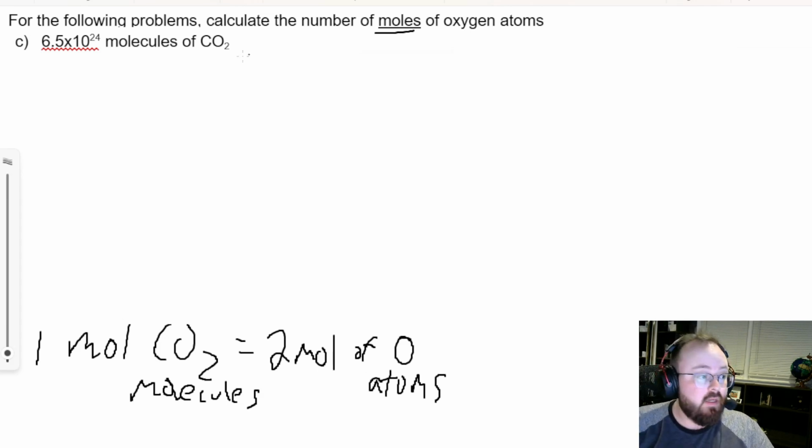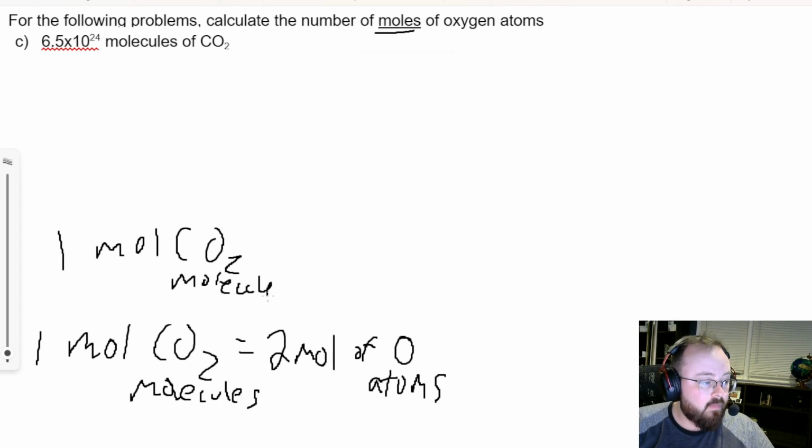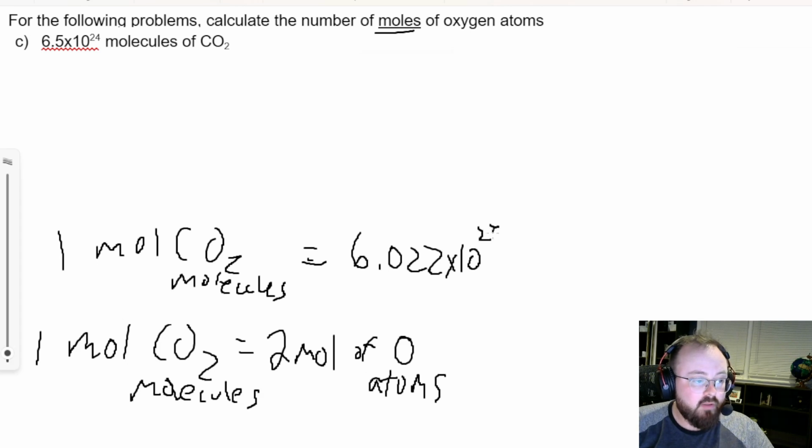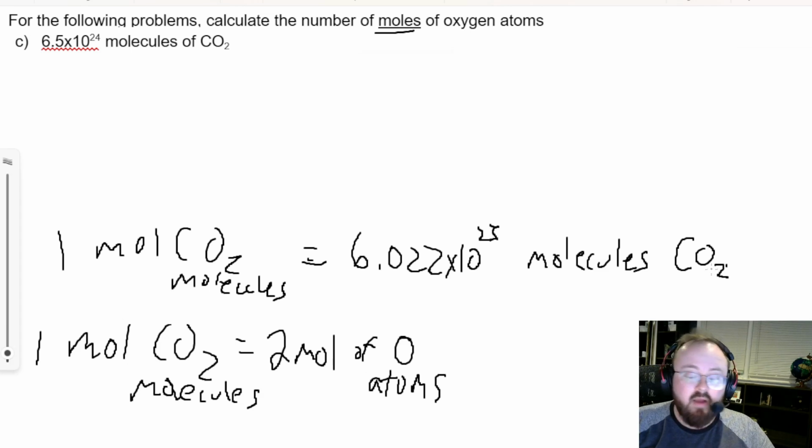We talked a little bit earlier that if I have 1 mole of CO2 molecules, that is equal to Avogadro's number, 6.022 times 10 to the 23rd molecules of CO2. And so we now have all of the conversion factors that are necessary to solve this problem.